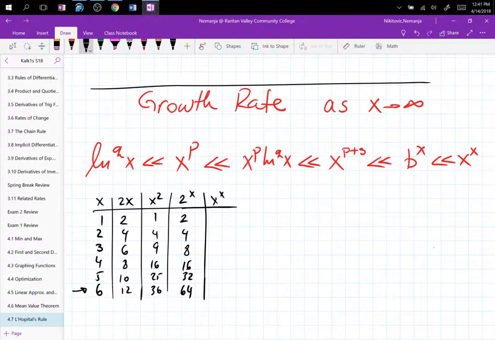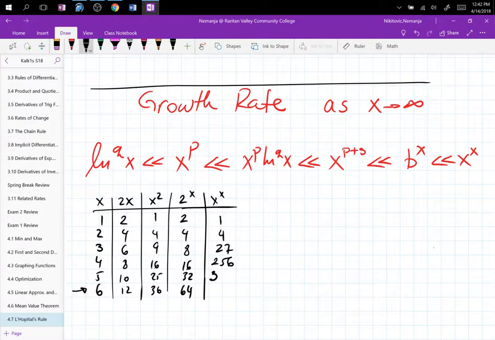And then x to the x, 1 to the 1 is 1, 2 squared is 4, and then 3 cubed is 27, and then 4 to the 4, 256, because it's 16 squared. You see that? And now you have 5 to the 5. Yeah, it's a lot. It's 3,000 something 25.